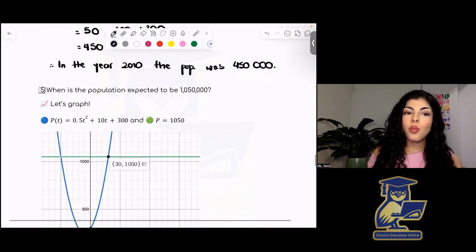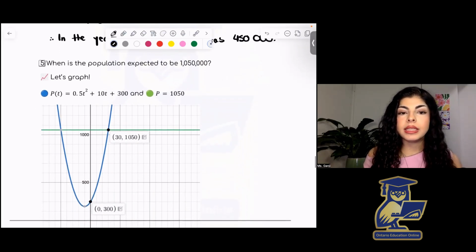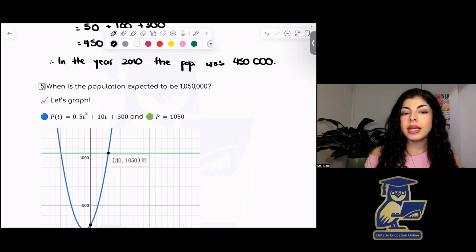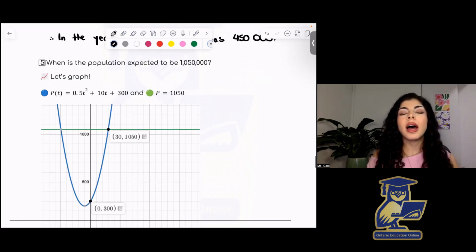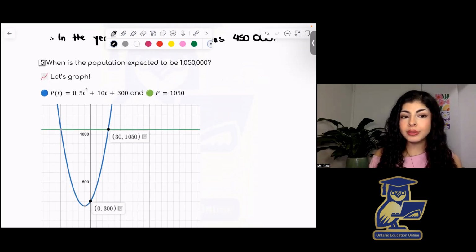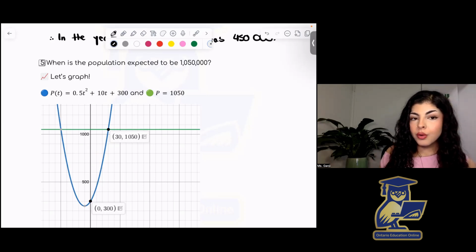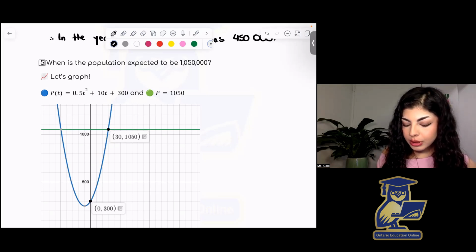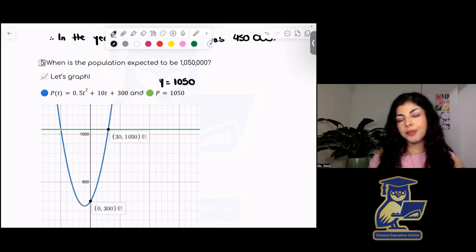Now, we're asked when is the population expected to be 1,050,000? So to do this, again, because right now we just want to look at the graphs, we're just going to graph the original parabola, and now we want to also graph our horizontal line of y equals 1050 in order to get that population.